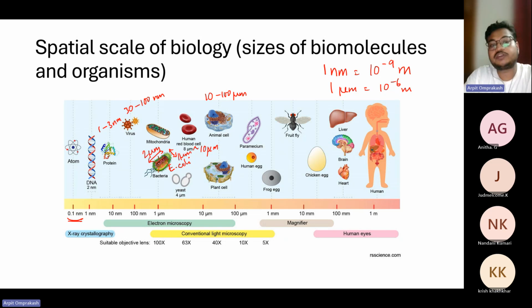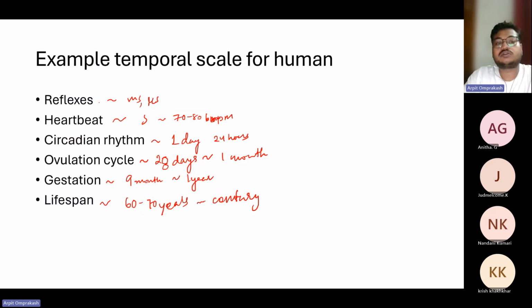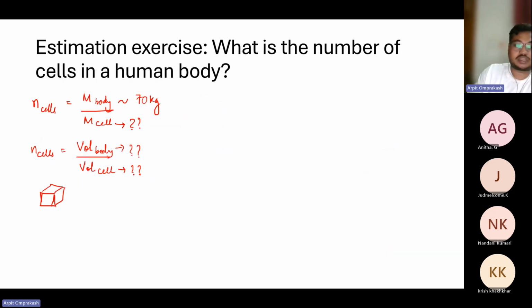We know that the human RBC is around 8 micrometers. So let's say on average, a human cell is around 10 micrometers. And let's say we assume that a human cell is a cube. So we are making a few simple assumptions. The first thing is that the cell is a cube.